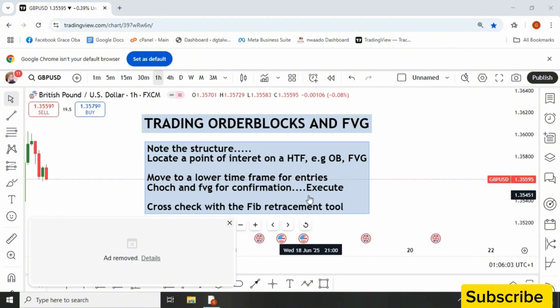Then you can cross check also by using your fib retracement tool, by noting the equilibrium and knowing if the market is in the premium or in the discount, then entering the trade. And the lower time frame you're using might be the 15-minute time frame or the 5-minute time frame. So let's just quickly see this in chart.